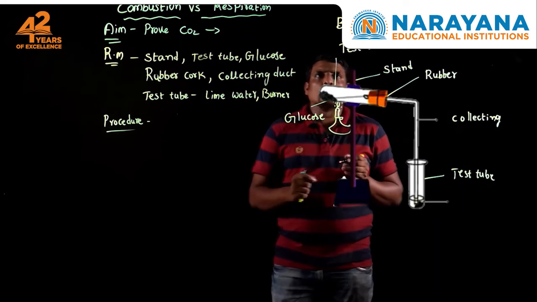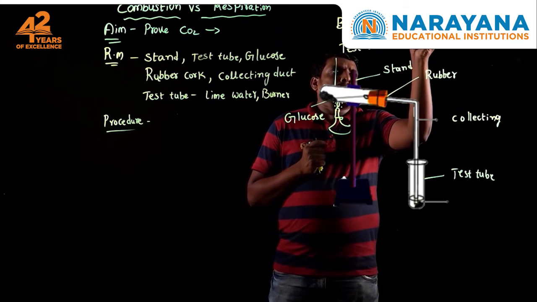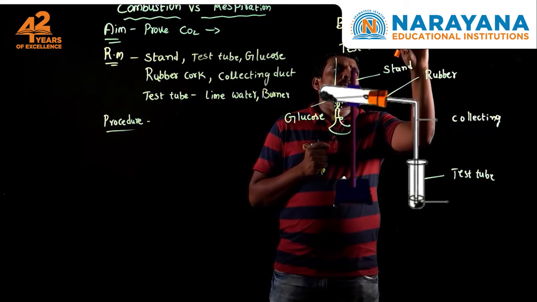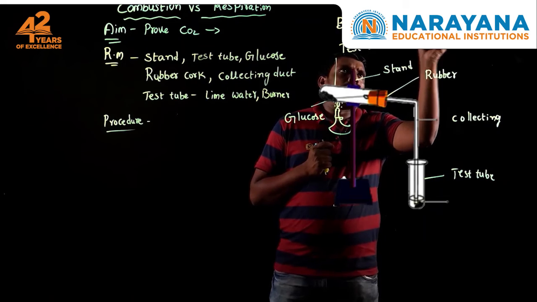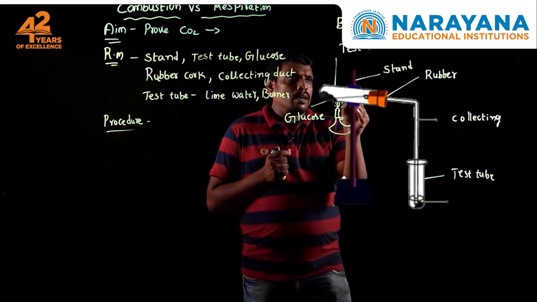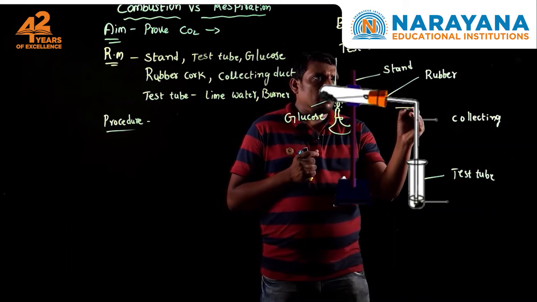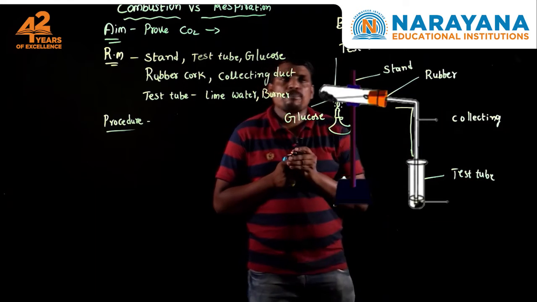Especially if you take glucose, if it is burning, definitely it releases a kind of smog which is black in color. So the smog slowly, with the help of the collecting tube, enters into another test tube.